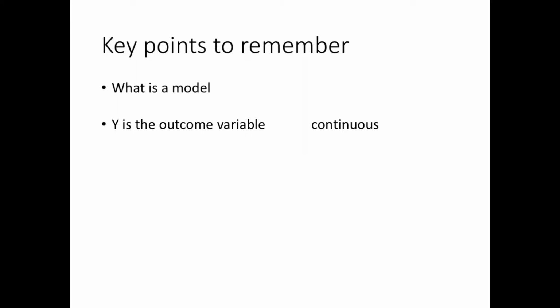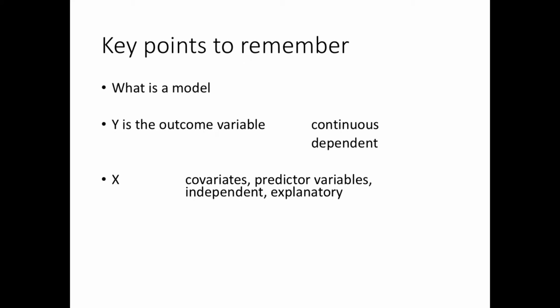Please understand that y is the outcome variable. In trying to do a linear regression, y is continuous. Y is also called the dependent variable. The x is known by different names: covariates, predictor variables, independent variables, or explanatory variables, and many more.